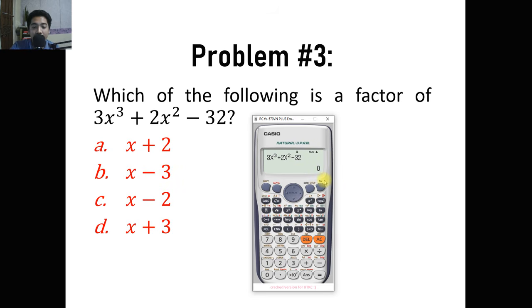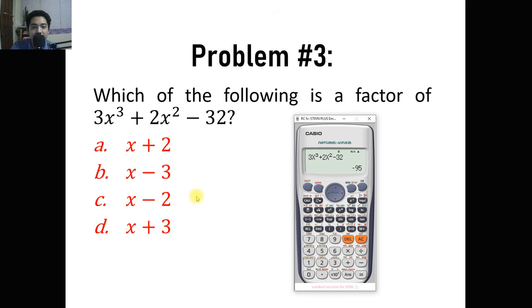But to make sure that letter C is the answer, we have to solve up to D. So I bet this would not be equal to 0. So x plus 3, imagining that we have to equate this to 0. So transposing positive 3, this becomes negative 3. So what will happen? It's negative 95.